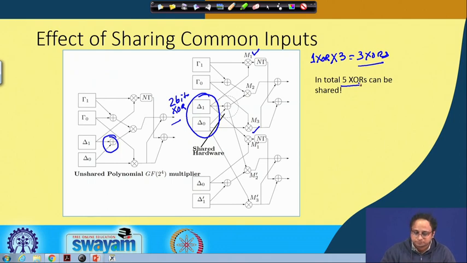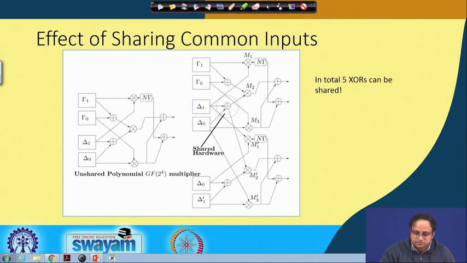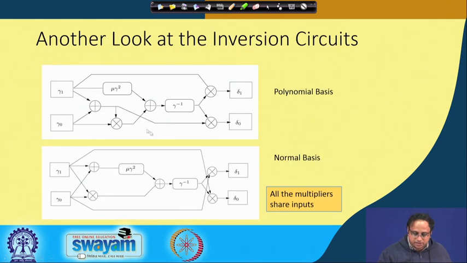So here, if you have shared inputs, you have an opportunity to save 5 XORs. Now if you take a look back and compare this circuit with this circuit, that means the polynomial basis circuit with the normal basis circuit, in the normal basis circuit you have more opportunities of sharing.